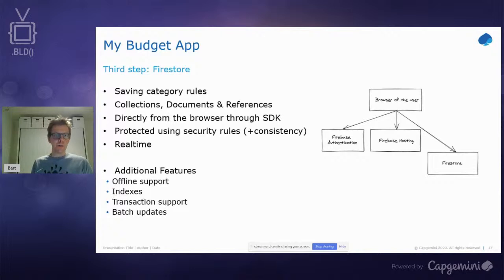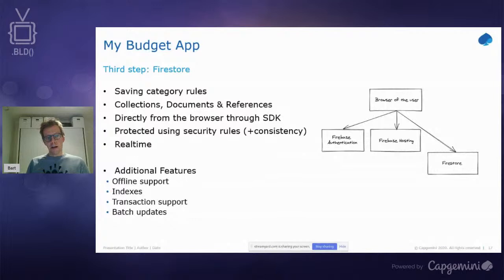So it doesn't know that when I visit the grocery store, the transaction should be categorized into groceries. So the first thing that I started with is making it possible to create, edit and delete category rules and store them, and of course reuse them when transactions were uploaded.